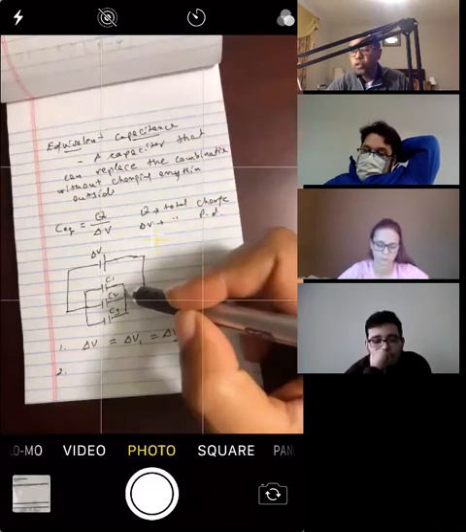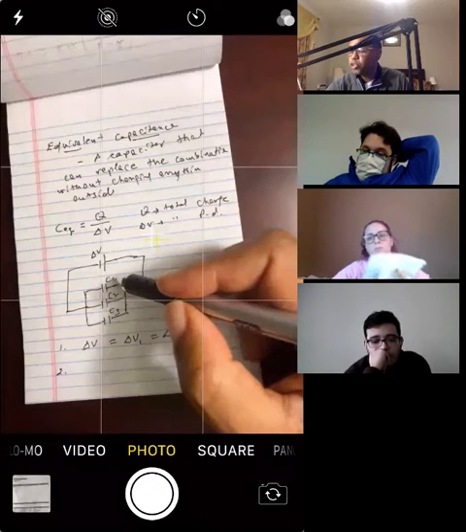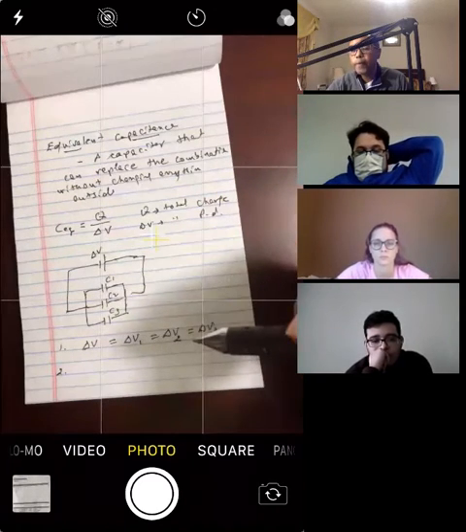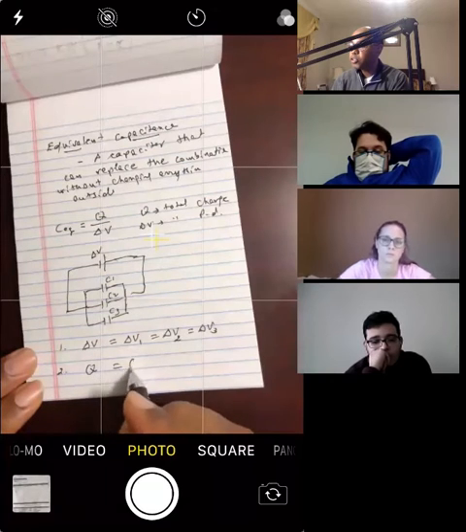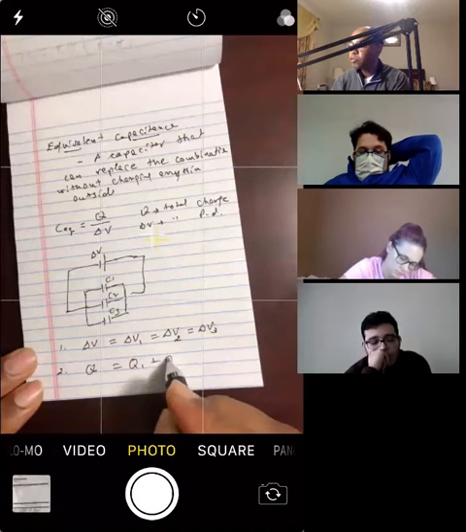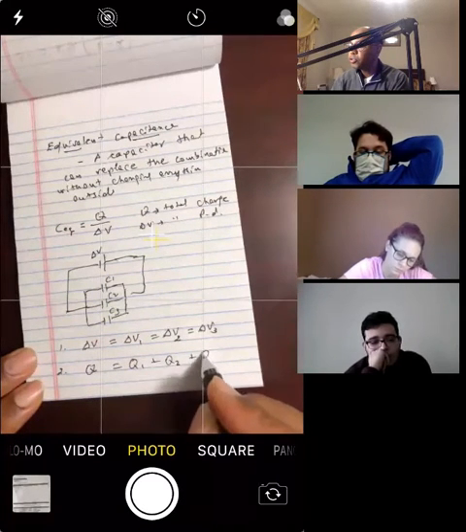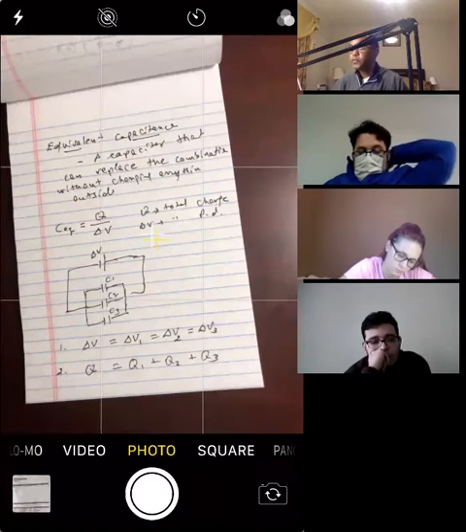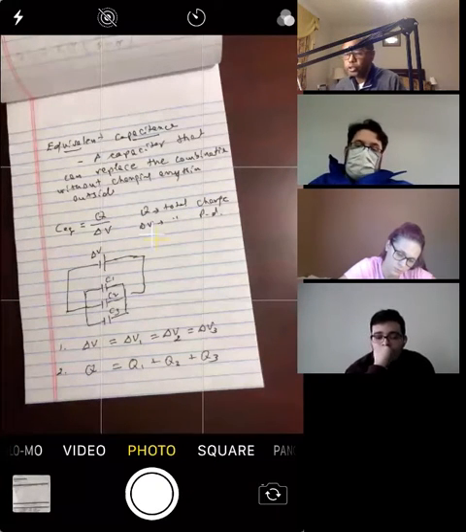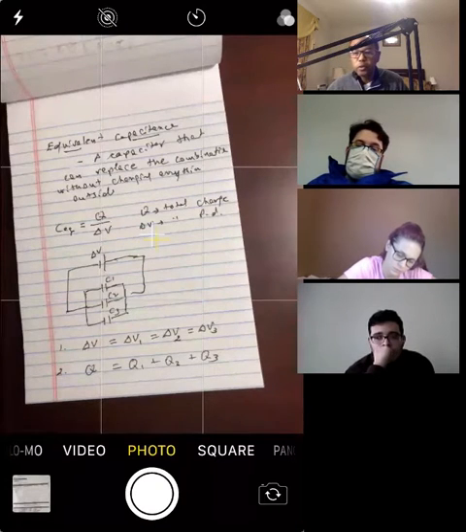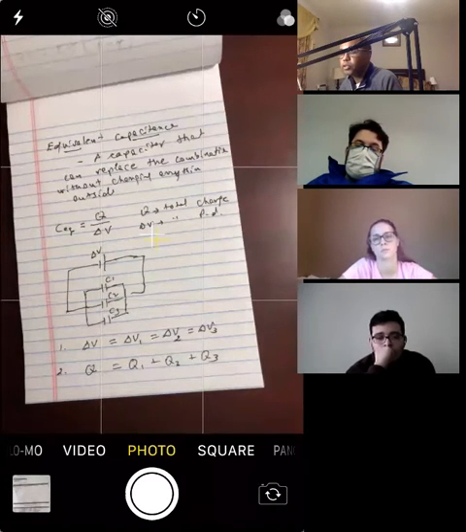So the total charge is going to be the sum of the charges of the individual capacitors. The second property is the total charge equals the sum of the charges in the capacitors. These are the two defining properties of this kind of combination. All the potential differences across the capacitors are equal, and they're equal to the total potential difference.